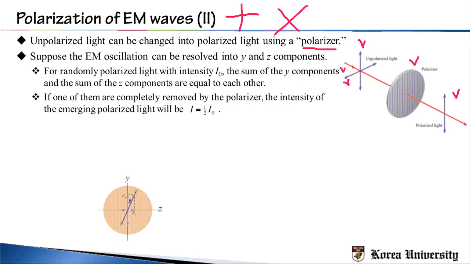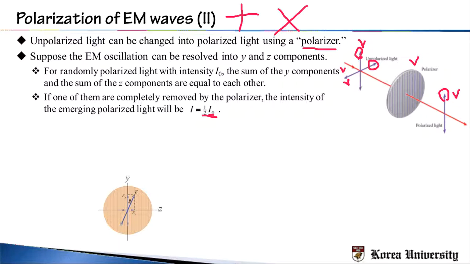As a result, this component disappeared while this component is still there. So if the original intensity of the unpolarized light was I0, then after passing this polarizer, the intensity is reduced by half. It's half of I0, because one of the components of the unpolarized light has disappeared.